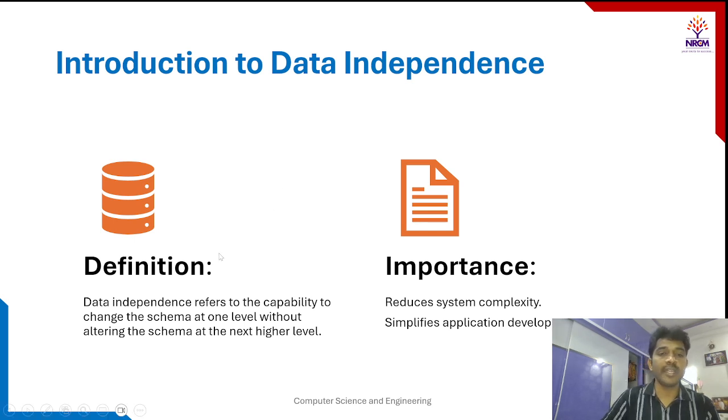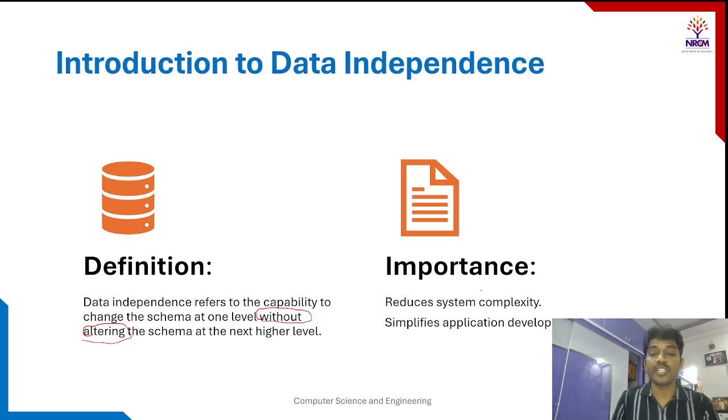Here, if you observe the definition, data independence refers to the capability to change the schema at one level without altering the schema at the other level. That is called data independence.